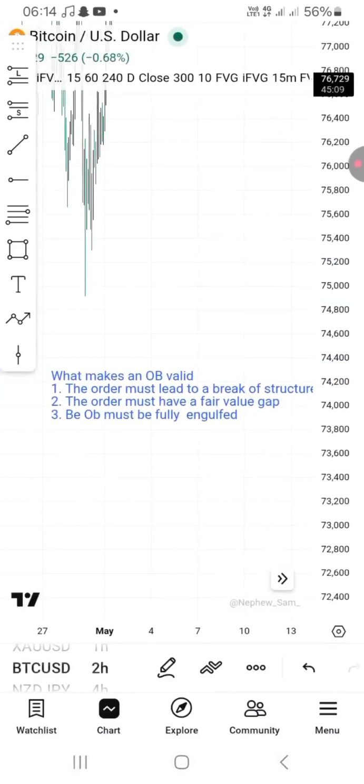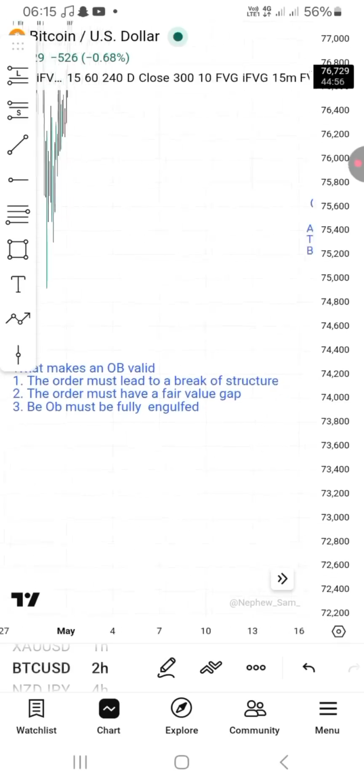These three things: the order block must lead to a break of market structure, the order block must have a fair value gap, the order block must be fully engulfed.